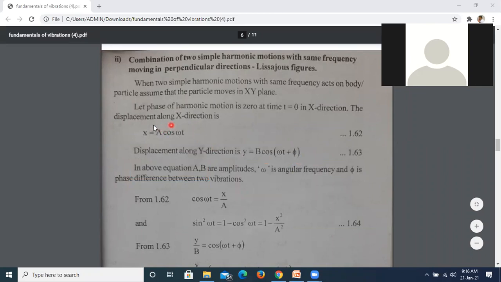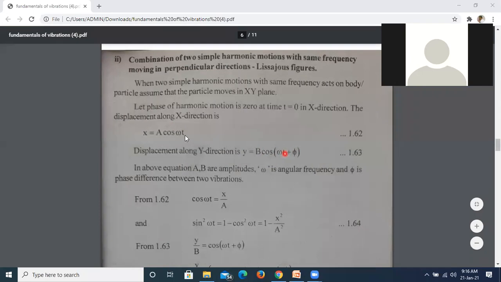If you observe these two equations, x is equal to A cos omega t is equation 1, and y is equal to B cos(omega t plus phi) is the other equation. The first represents the simple harmonic motion along the x-axis, and the second lies along the y-axis. What is the phase at time t for the first? Omega t. What is the phase of the second motion at time t?